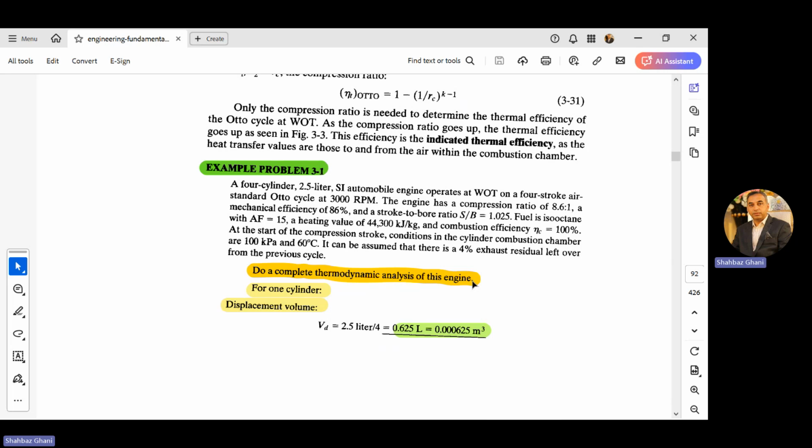Let me tell you very frankly, the statement of the example has plenty of information available. But in your practical life, you will not have this much information, and the boss or the senior or the superior will ask you to do the thermodynamic analysis of the system, and a lot of data is missing or not available.